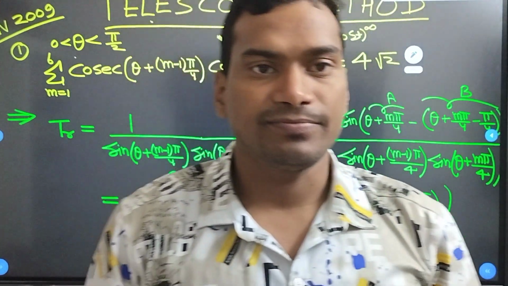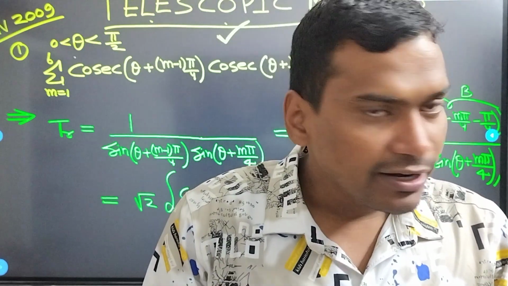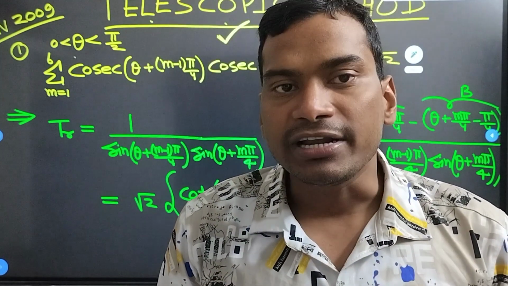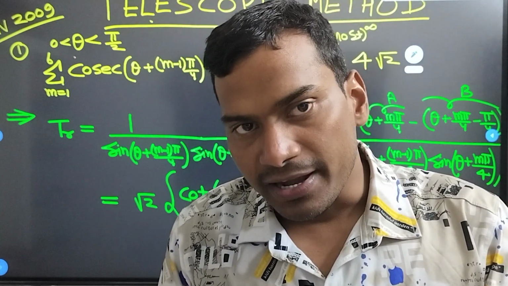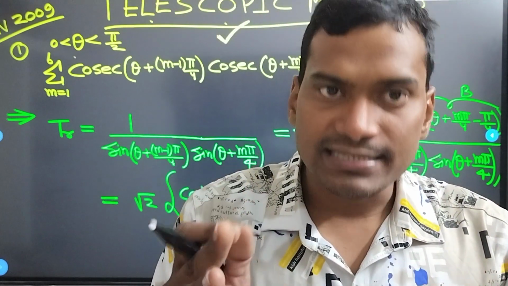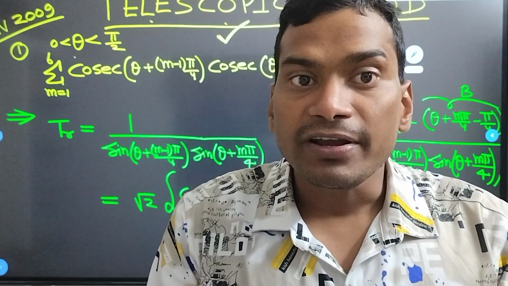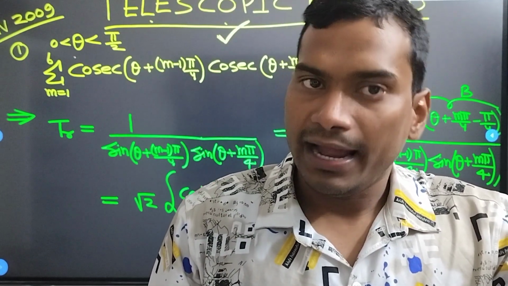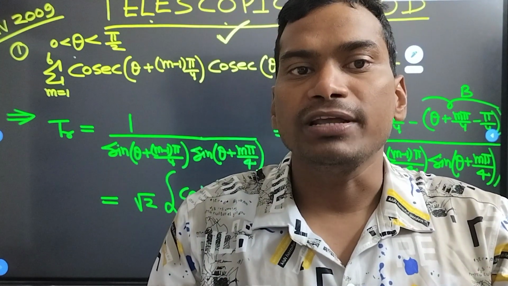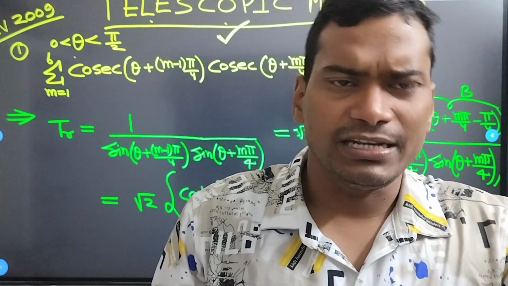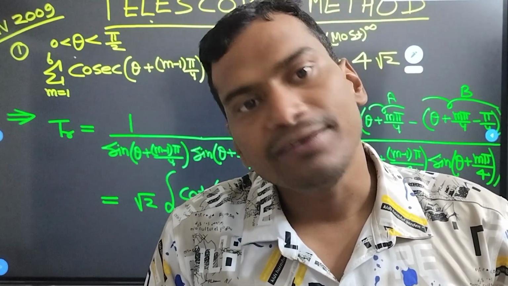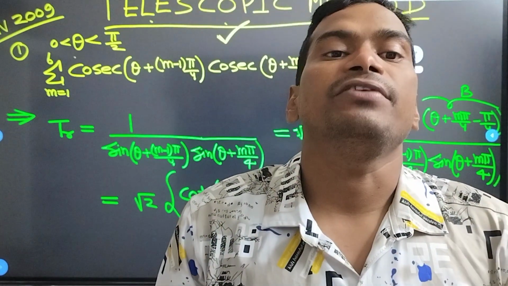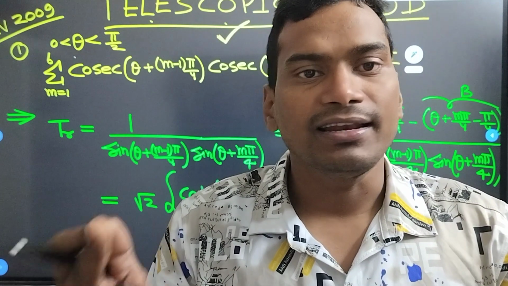Again I repeat, first of all we write the general term, and that general term we try to simplify, reduce as the difference of two terms, okay? And then we start putting the value of k, m, t, whatever, and then the cancellation starts, and then we get our final answer.